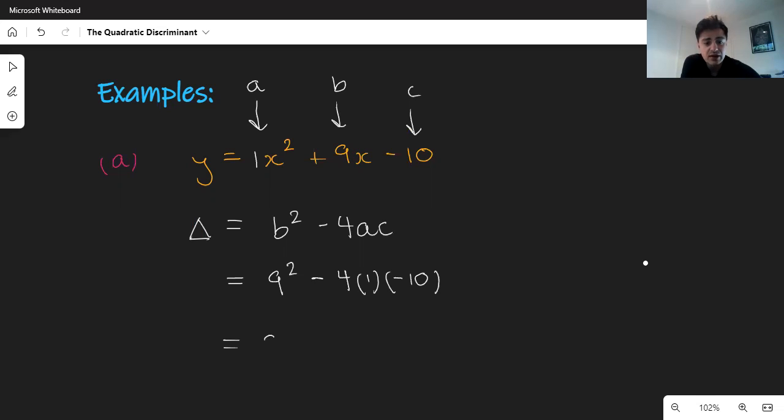So 9 squared is 81 minus 4. We have to be careful with the brackets and the negatives and all these sorts of things. You can also type it in your calculator, but again, you've got to be careful with the brackets and the negatives. So negative 10 times 1 is negative 10.